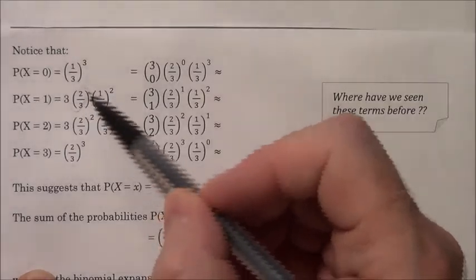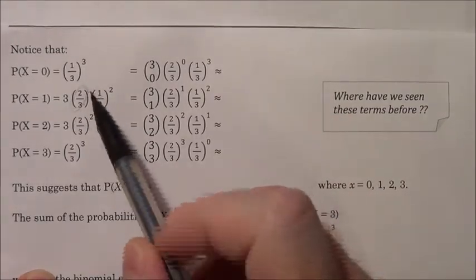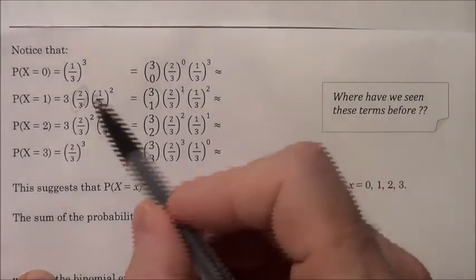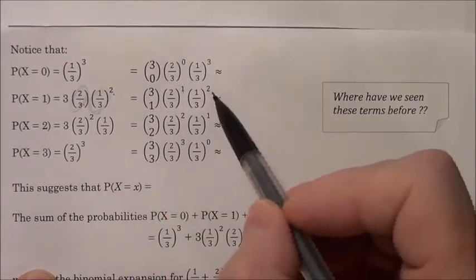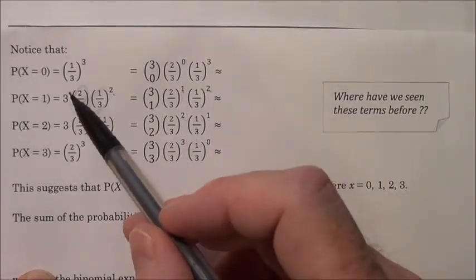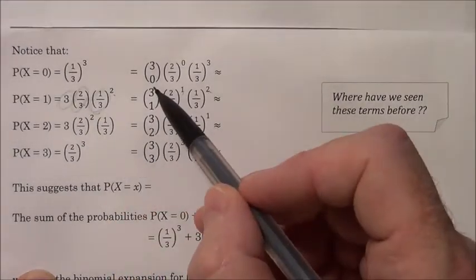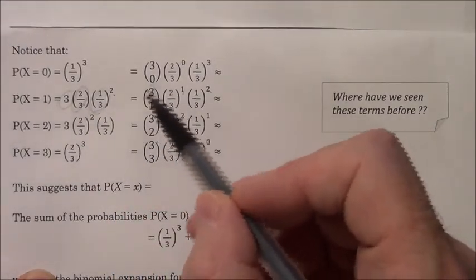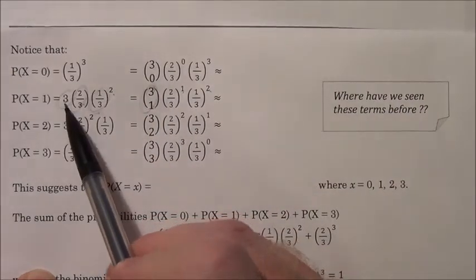The probability is 2/3, but that's only occurring 1 time. The failures occur 2 times, and that possibility comes up 3 times, which is 3 choose 1. So that gives us the 3 outcome.